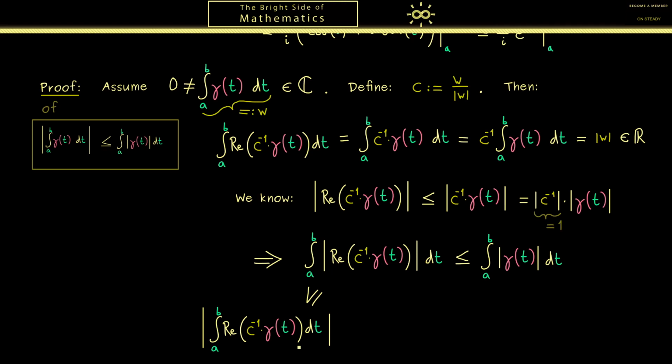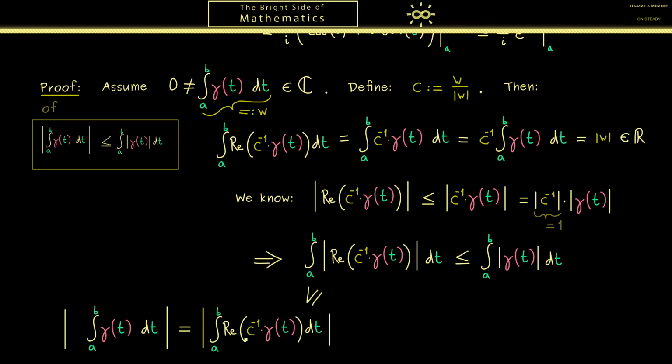And exactly here, the equality from above comes in. So this is exactly the absolute value of this integral here. And now because we have chosen c to be on the unit circle, it will vanish in the absolute value as before. In summary, you can see we have proven our important fact from above.